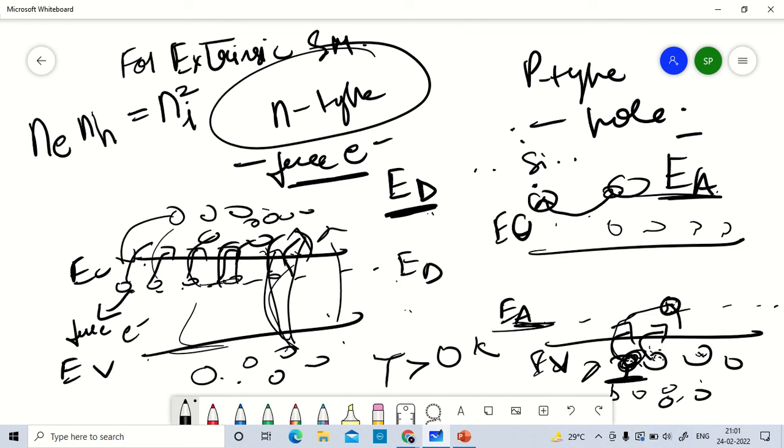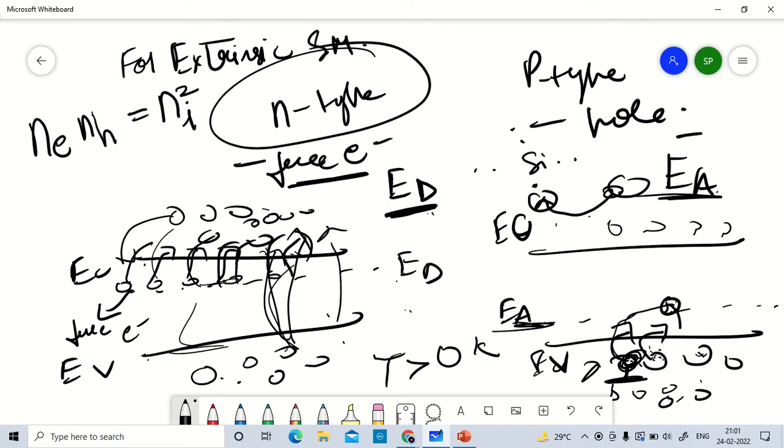The difference in the resistivity of carbon, silicon and germanium depends upon the energy gap between their conduction and valence bands. For carbon, that is diamond, silicon and germanium, the energy gaps are 5.4 electron volt, 1.1 and 0.7 electron volt. It is highest, more than 3 electron volt, for carbon. That's why it is an insulator, not a semiconductor.